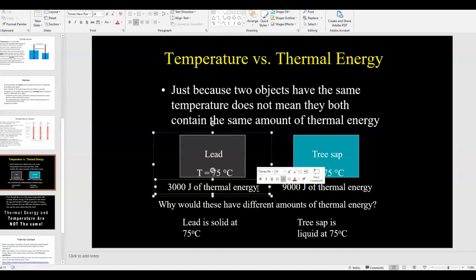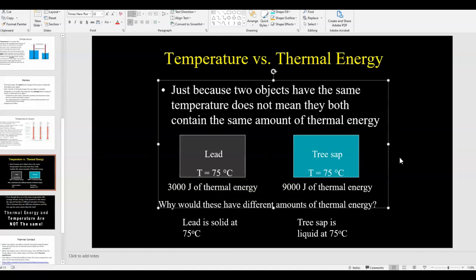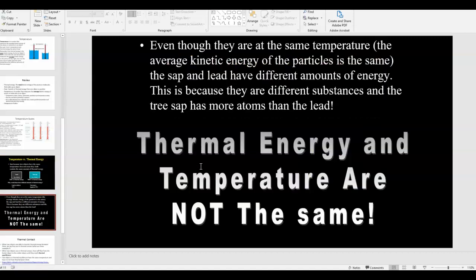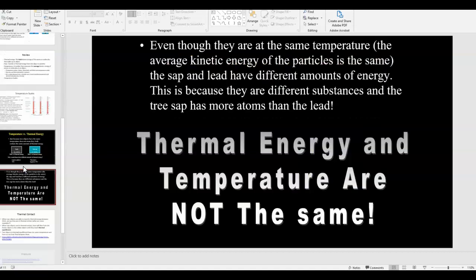Now, how is that possible? Well, most likely the tree sap has more atoms in it, right? Because we talked about how thermal energy is the total kinetic energy of all those atoms or molecules, whereas temperature only measures the average amount of that. So the key idea there is that thermal energy and temperature are not the same.